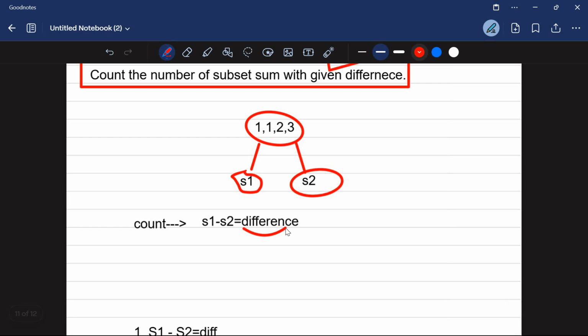In this question, the minimum difference is already given. We provide you this difference, whether it is minimum or whatever. If they provide the difference, you should answer how many subsets there are whose difference is equal to the given difference.